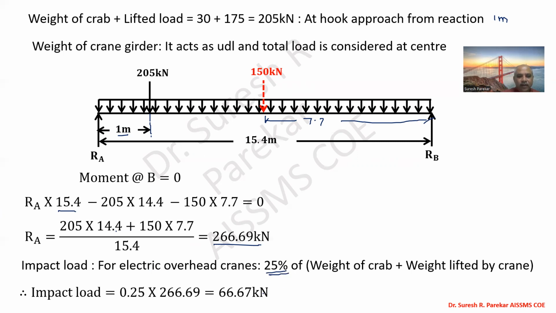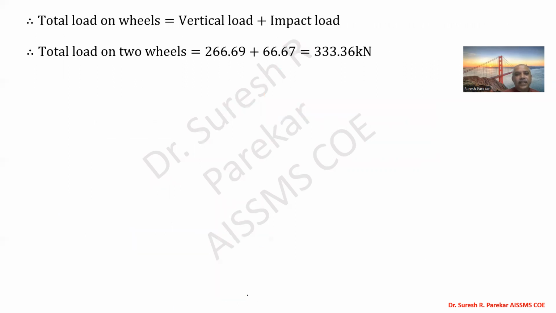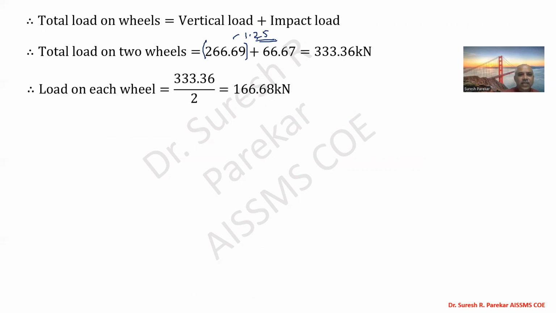So 0.25 into 266.69 comes to 66.67. And we get total load on two wheels as 333.36 kilonewton, which is vertical load plus impact load. You can multiply this directly by 1.25 by considering 25% for impact load. And from this we get the load on each wheel, because this load will be carried by two wheels.